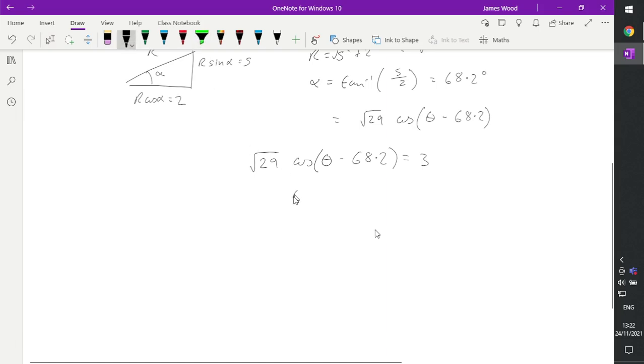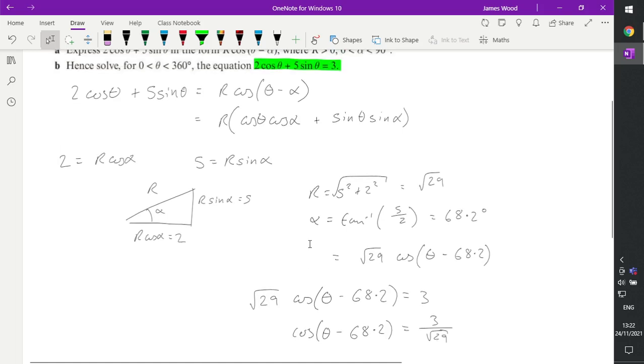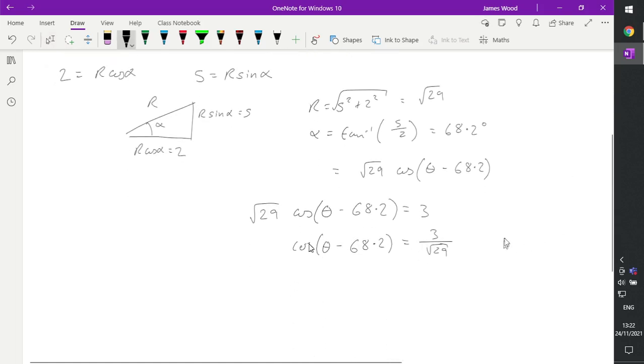So if we proceed with solving this one, cos(theta minus 68.2) is going to be 3 over root 29. Now once you reach this point, you might want to do a substitution like we did before, or you could try and solve it without doing a substitution, which I think is probably what I'm going to do here. So between 0 and 360. What I'm going to do is find theta minus 68.2. So when I do inverse cos of 3 over root 29, the first answer I will get is 56.1.